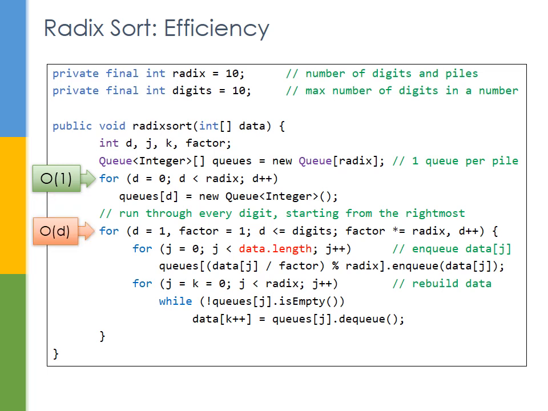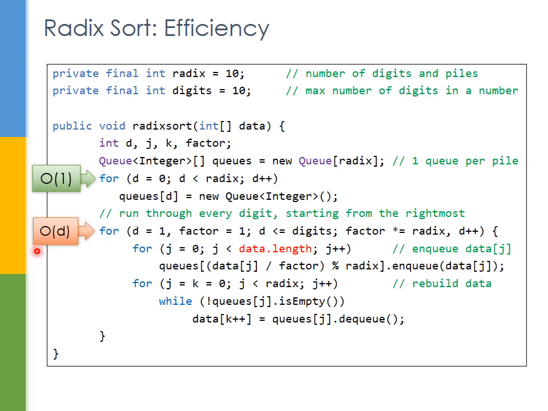The next component we have to look at is the second for loop over here, and this for loop executes from 1 to the number of digits. In other words, this loop will execute as many times as the maximum number of digits for every particular number contained within the data array.